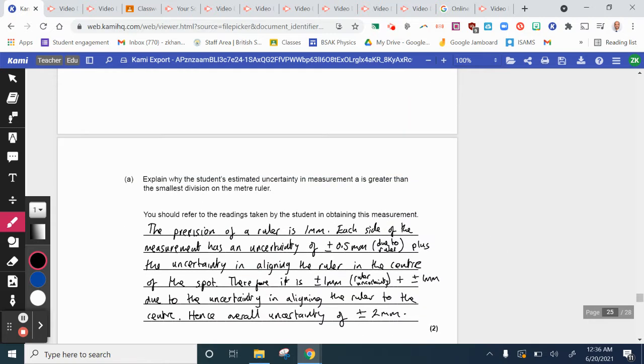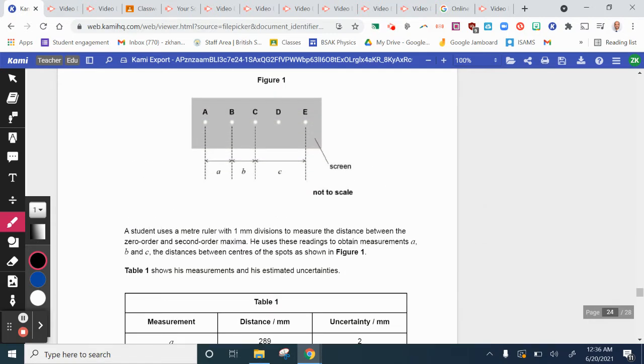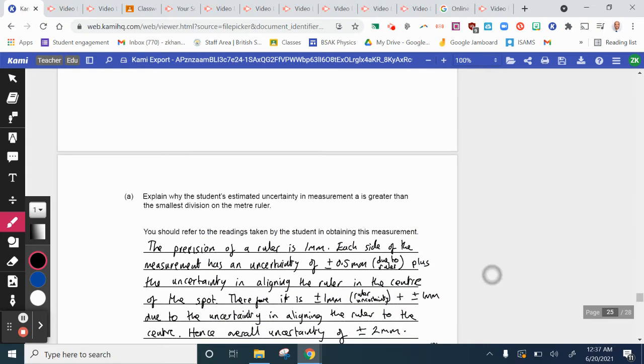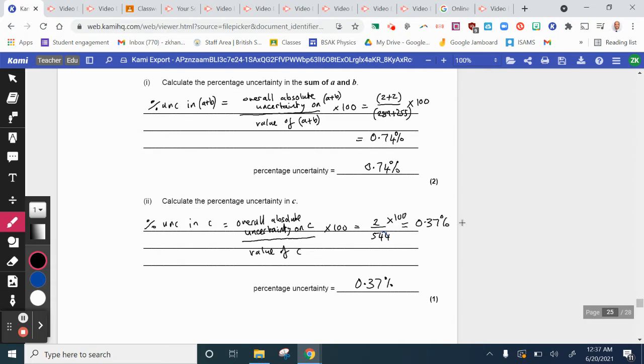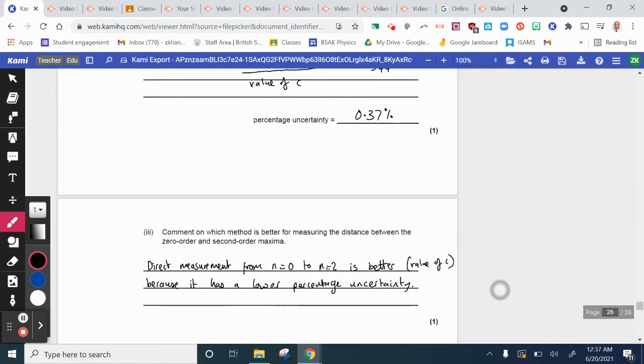Getting this distance by taking two small measurements gives us more uncertainty than just taking one bigger measurement. Taking two smaller measurements gives us 0.74% percentage uncertainty, while taking one larger measurement gives us 0.37%. So it's better to use the larger measurement, which is what the next question is about.